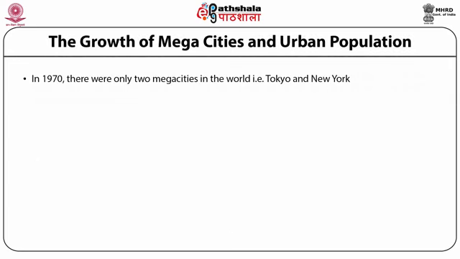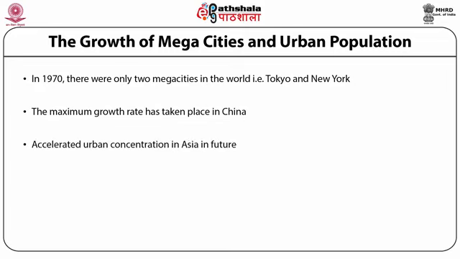In 1970, there were only 2 megacities in the world, that is Tokyo and New York. Since then, their number has increased markedly, and most new megacities have arisen in developing countries. The maximum growth rate has taken place in China, as most of the megacities today and in 2025 would belong to Asia. There is a clear trend of accelerated urban concentration in Asia in future.